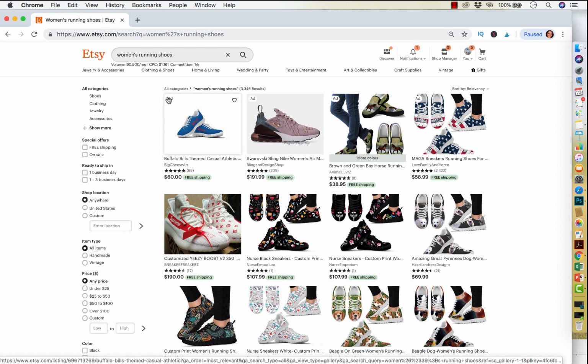So therefore, this is a great example of using a long tail keyword to check the list of 3 things. I landed organically for it. If I run an ad, I'm targeting the right people. Also, if I run an ad, my ad is going to be on the first page of Etsy as well for this specific keyword.